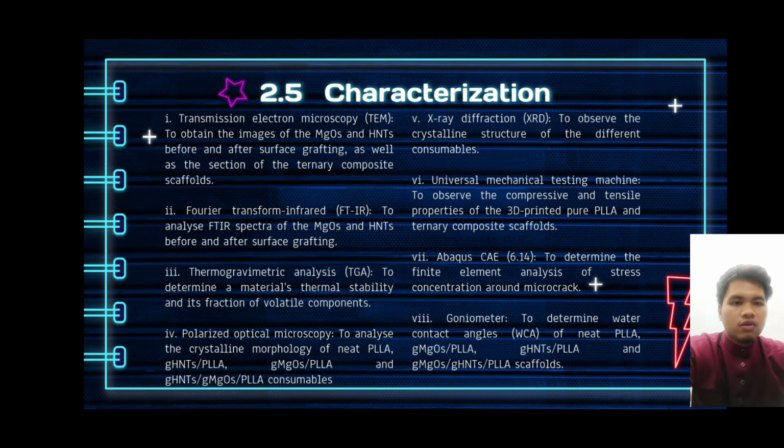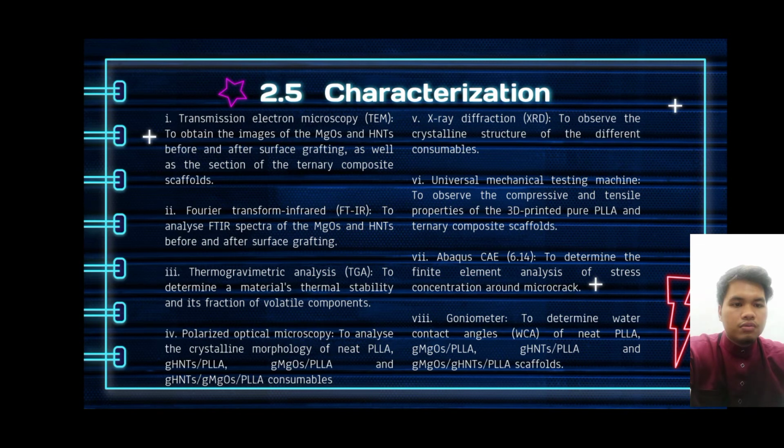Second, Fourier transform infrared (FTIR) to analyze FTIR spectra of the MgOs and HNTs before and after surface grafting. Third, thermogravimetric analysis (TGA) to determine a material's thermal stability and its fraction of volatile components.